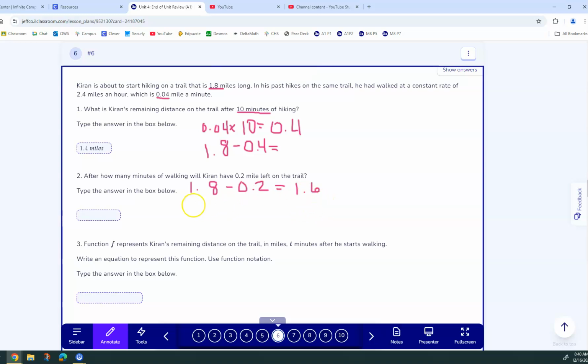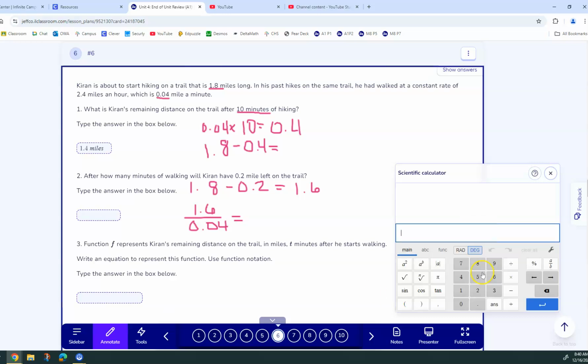Well, if he's gone 1.6 miles so far, and his rate is 0.04 miles per minute, getting our tools out again, so 1.6 divided by 0.04 equals, all right, 40.